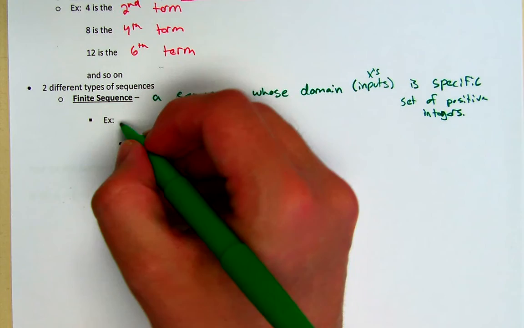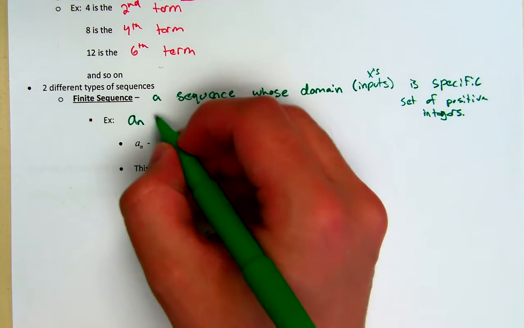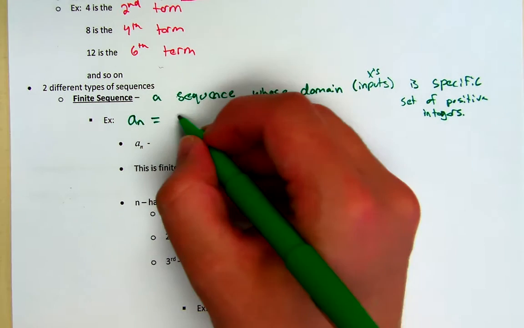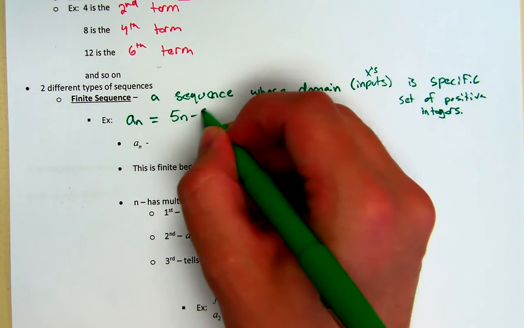So an example of one of these is a sub n equals 5n minus 6.